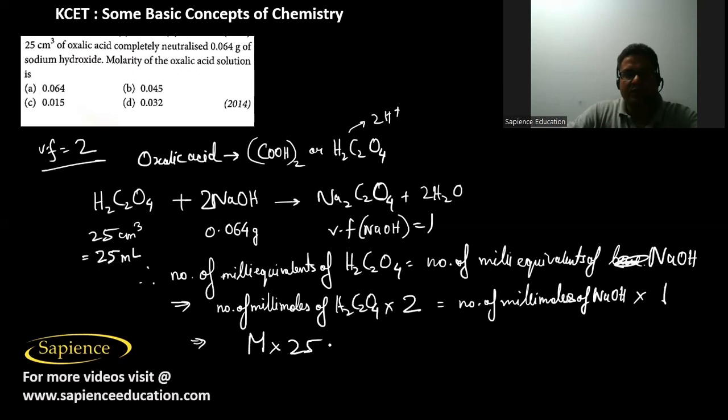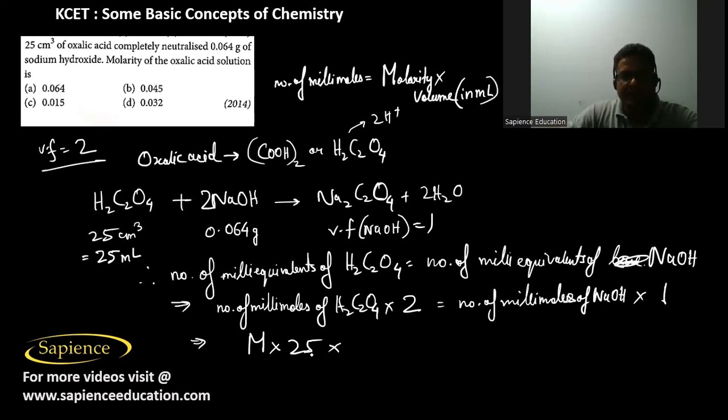We know that the number of millimoles of any substance is equal to molarity times the volume in centimeter cube or in ml. So it is M into 25 into 2, that is equal to the number of millimoles of NaOH.